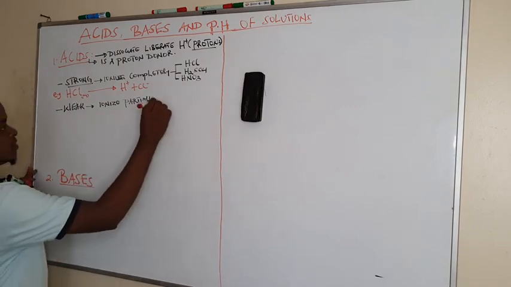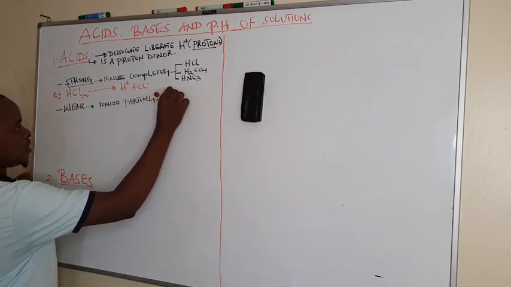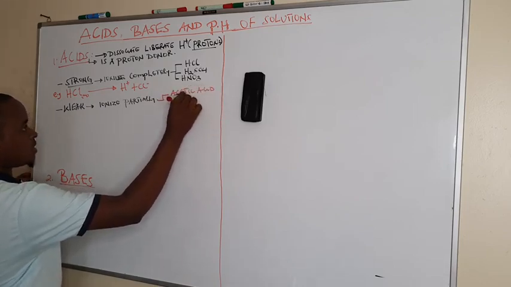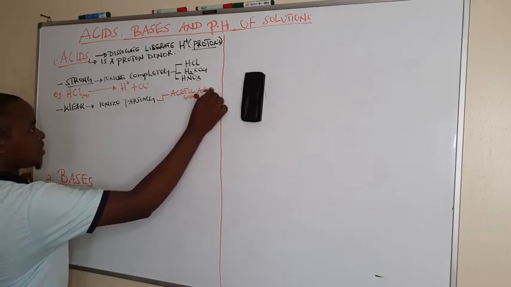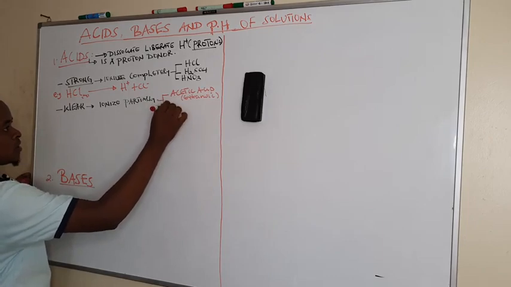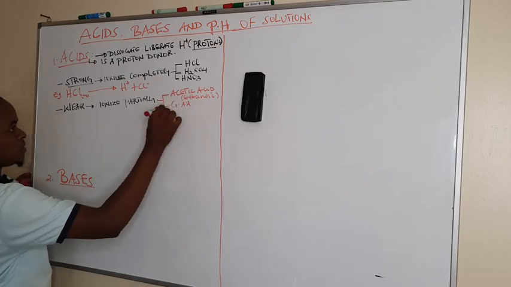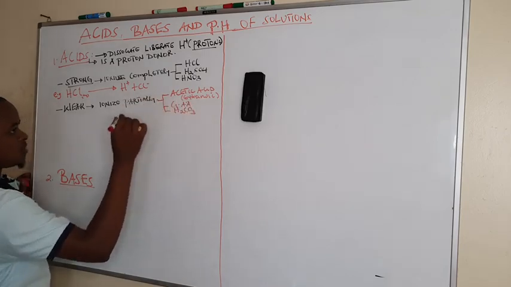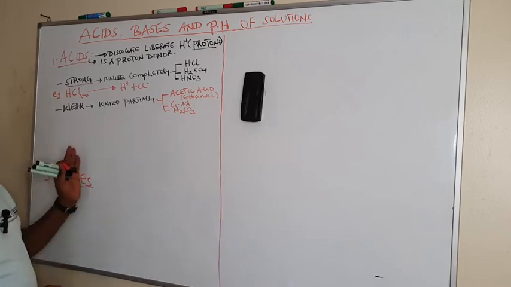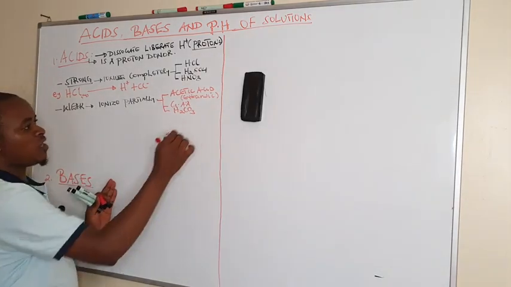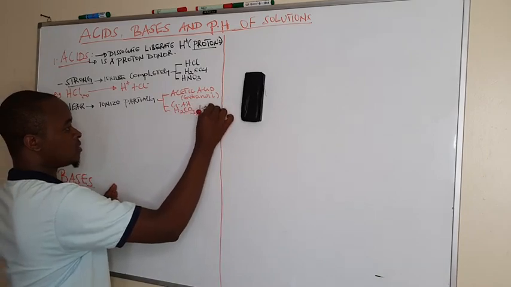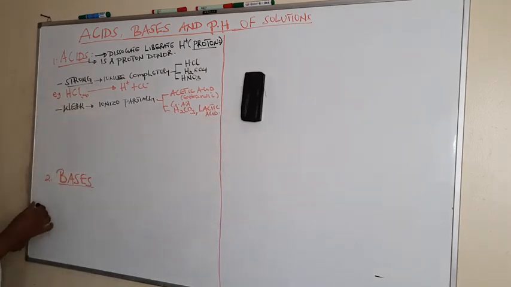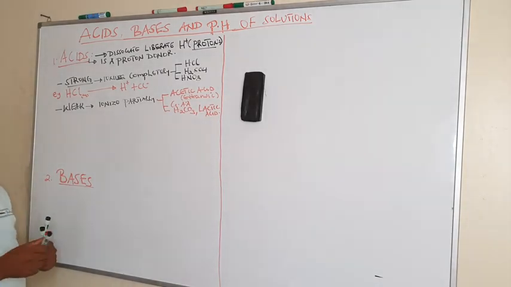Whereas weak acids include acetic acid, or you can call it ethanoic acid, glacial acetic acid, weak carbonic acid, and not forgetting lactic acid. These are weak acids, and they ionize partially in solutions.